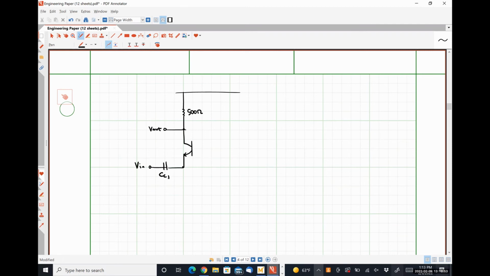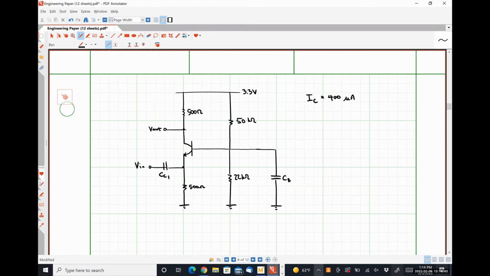Let's say that this 3.3 volts up here. Let's say that this circuit is biased such that the collector current is 400 microamps.